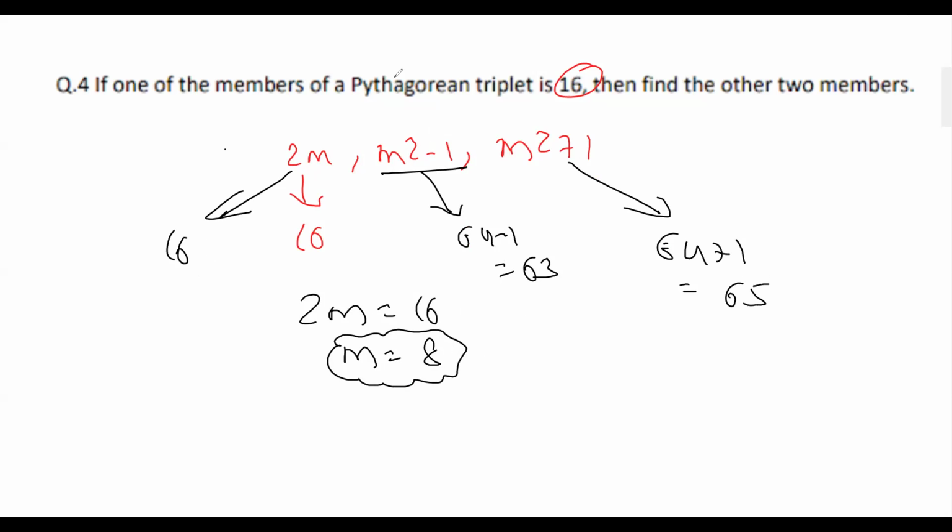So the three members of the Pythagorean triplet are 16, 63, and 65. Since 16 was given, we'll declare the other two, 63 and 65, to be the two other members.